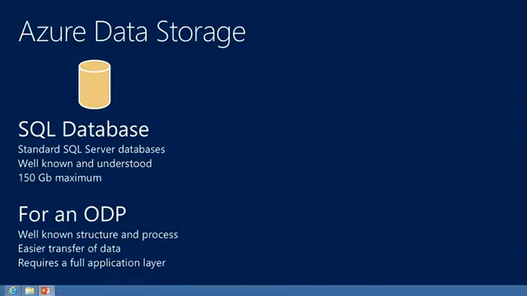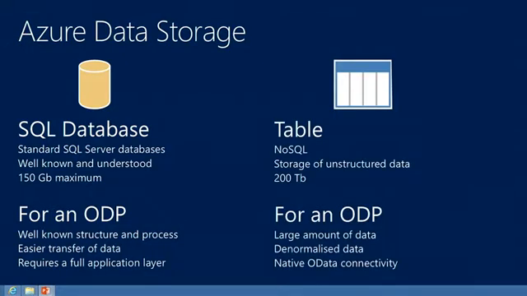Now, the other option that we had, and believe it or not, what we started out using was table storage. I'm not going to talk about what table storage is, but for the ODP, we started out using it for exactly those reasons. It was easy to put large amounts of data into it.